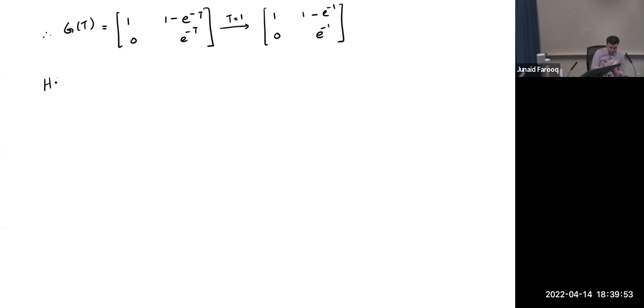Now H of T. We can first see if A is invertible or not. So matrix A is basically 0, 1, 0, minus 1, right? And determinant of A is basically 0. So A is not invertible. Right?